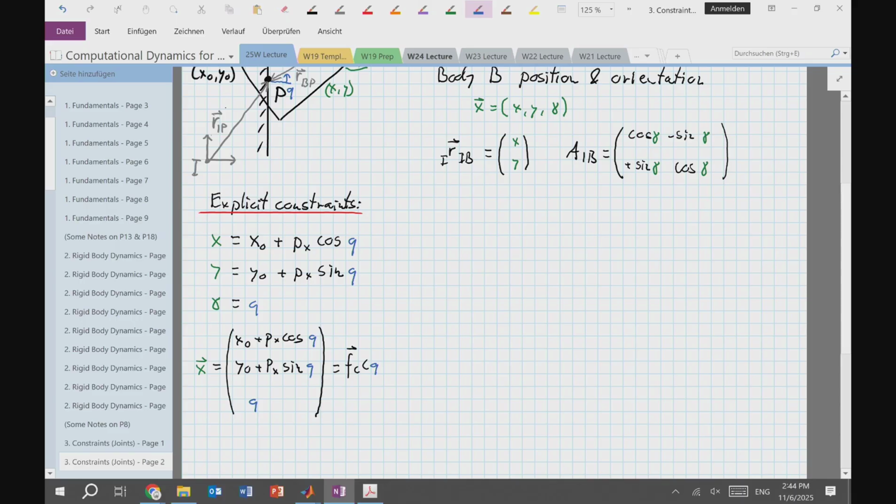And here explicitly written as a vector, but q is only a scalar. So that would be the explicit constraint formulation. How about the implicit constraints?